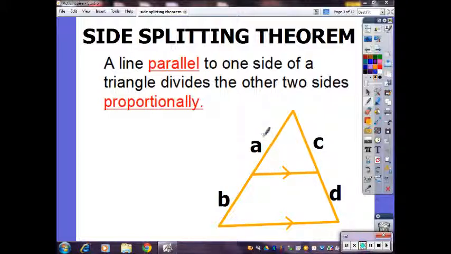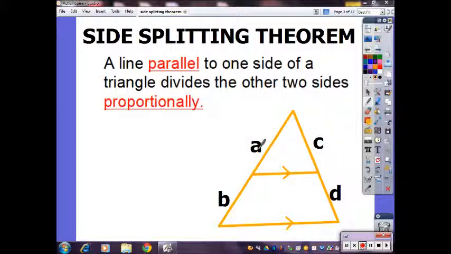And the name of the game is corresponding parts. So A corresponds to B because they're on the same side together. And A corresponds to C because they are both the two upper segments created by this parallel line. So that means I can write two different proportions that would be true.